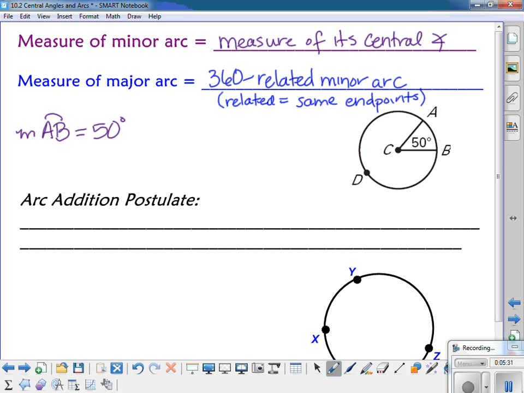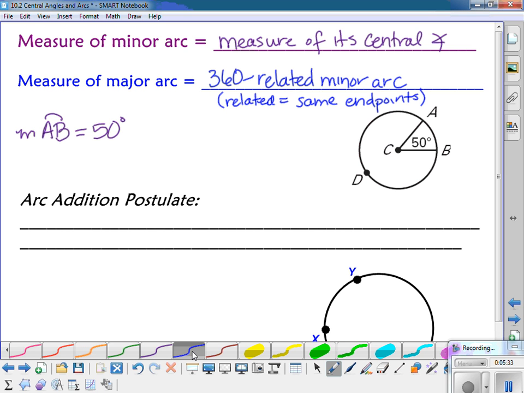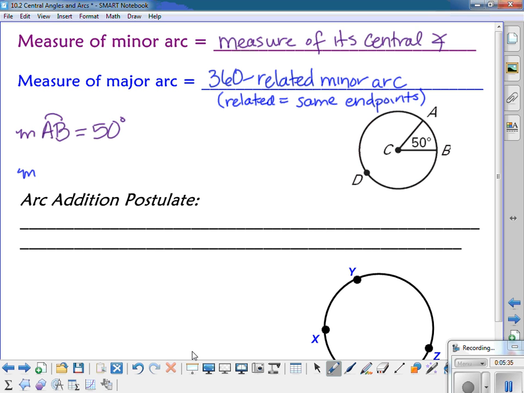And then if I want to know the measure of the major arc, so that would be ADB, A through D around to B, the measure of that one is going to be 360 minus 50, or 310 degrees. How would you find the length for AB? You can't find the length of AB unless you have a radius or a diameter. And we will get into that later, but not yet.